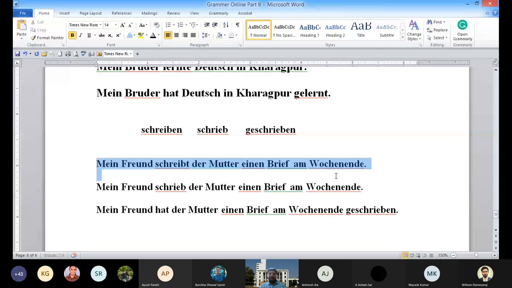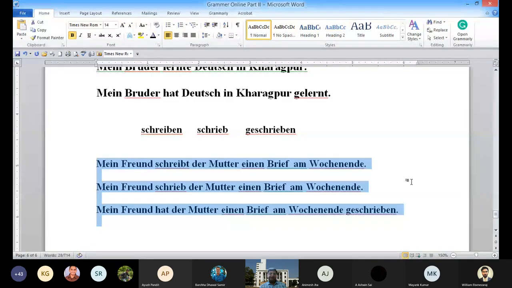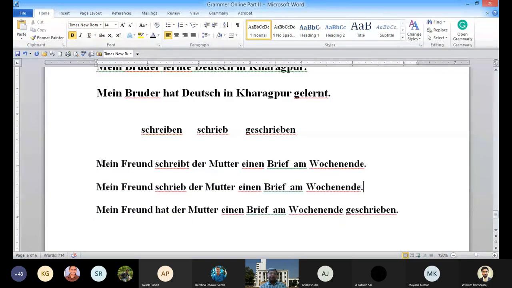So now these are the three tenses. Present tense was: Mein Freund schreibt der Mutter einen Brief. My friend writes a letter to mother in the weekend. Mein Freund schrieb means wrote a letter to mother in the weekend.